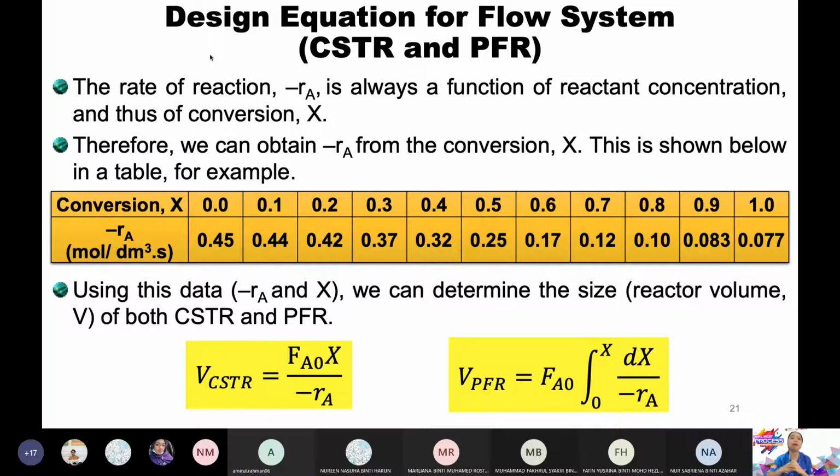Now for today's class, we have to understand that designing the reactors must come with information. That means it comes with certain information, then only we will design the reactor. For today's scenario, let's say you have a new reaction, meaning you're working in a plant, and the chemist in the laboratory has discovered a new type of reaction or alternative type of reaction.